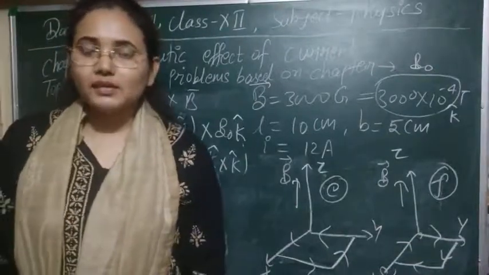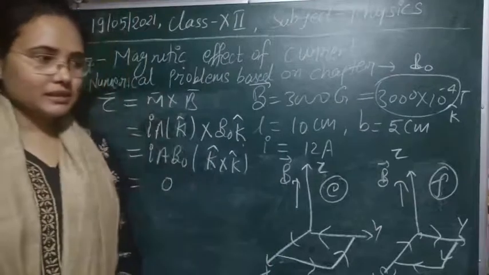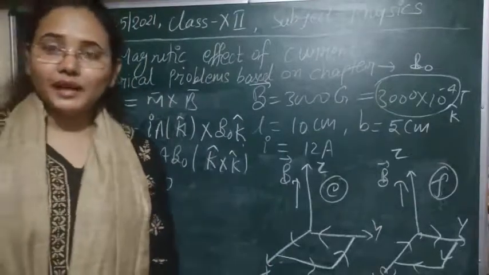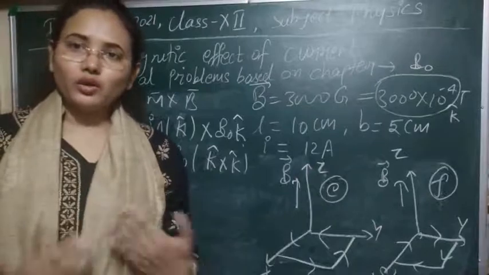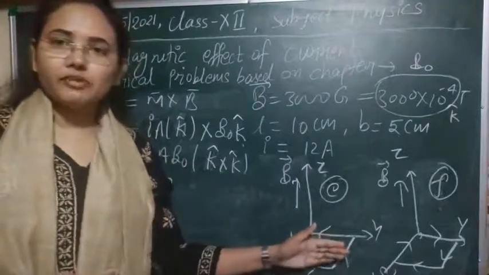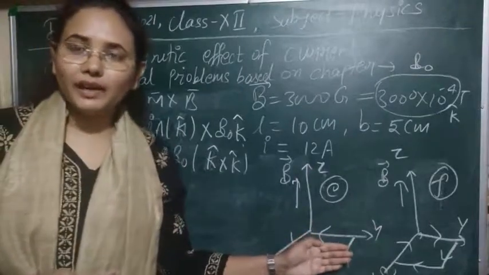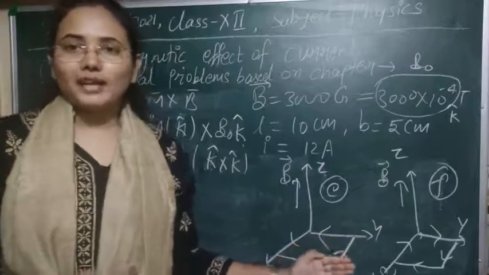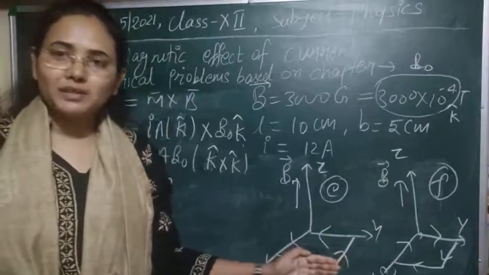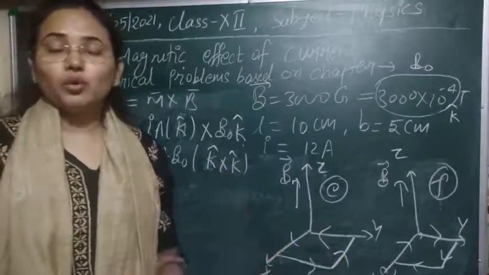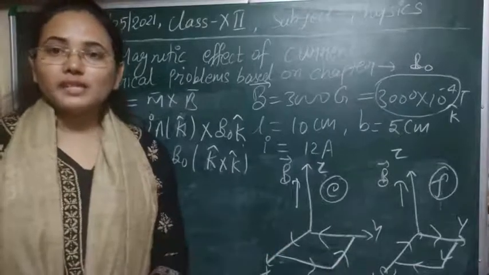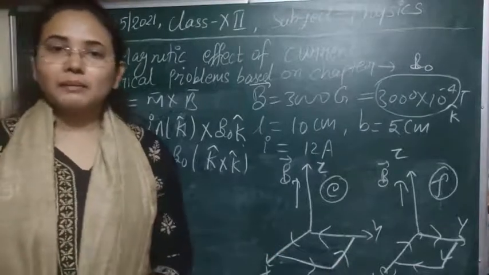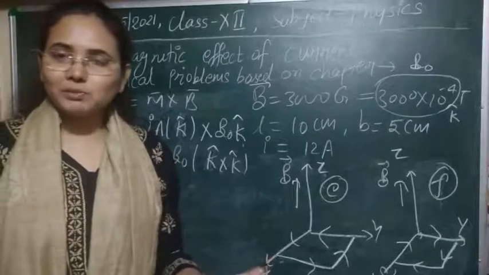You know that whenever a system does not experience any torque, it will not rotate in the magnetic field. If we put the loop in the magnetic field along this axis, it will not experience any force or torque, so there will be no rotation. So obviously you can say that it is in stable equilibrium, means it is not experiencing any force.